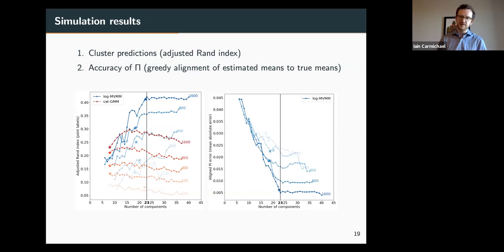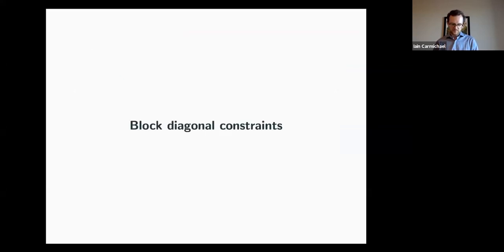I think in this case, it's the mean absolute error between the true pi matrix and this greedily aligned pi matrix. What this plot shows is that as the number of samples increases, we get more and more accurate. And again, the BIC estimated model gets better and better with more training data. So that's it for now for the general sparsity case.